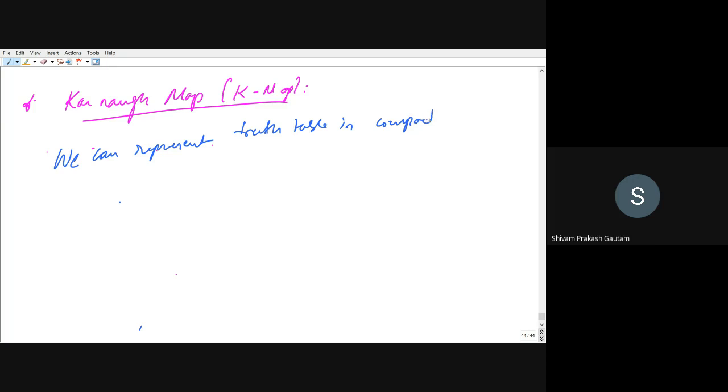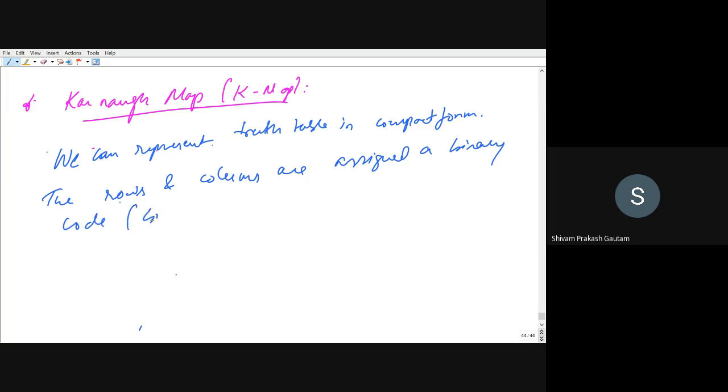The rows and columns are assigned a binary code, called gray code, or rows and columns are assigned in gray code or binary code.